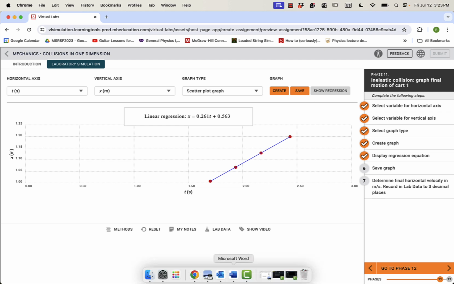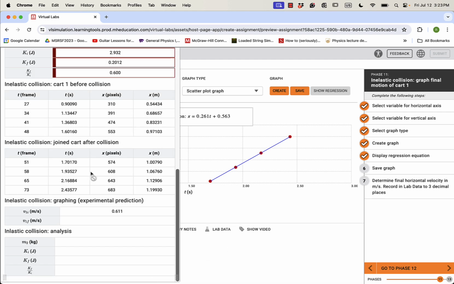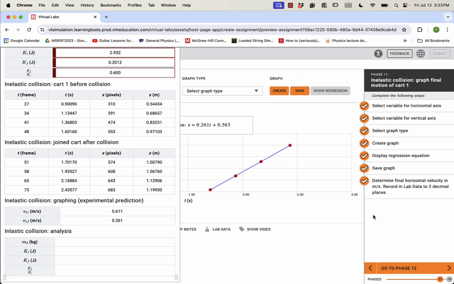So that's the final velocity of the first cart, which is 0.261, and this is positive because it's moving to the right after the collision, unlike in the previous experiment. And then you can save that.